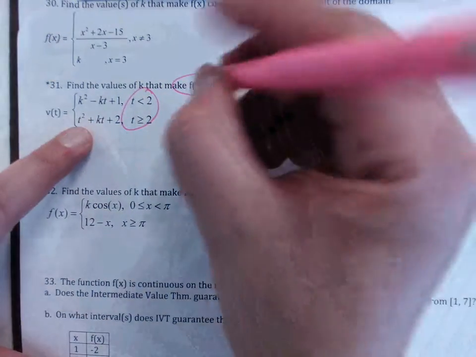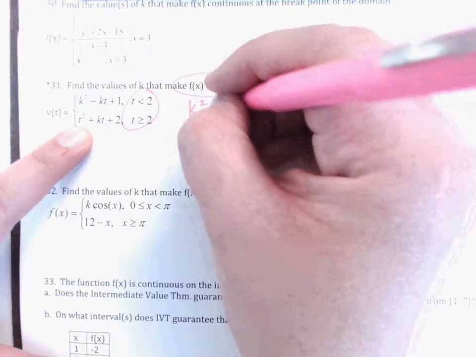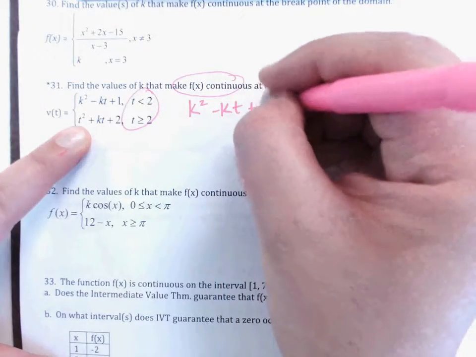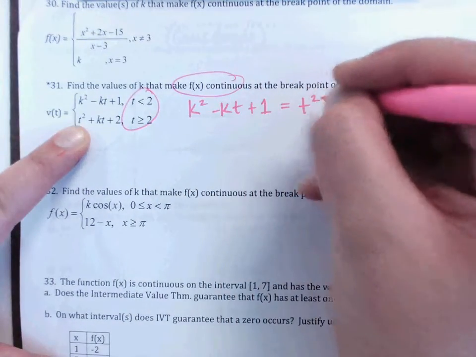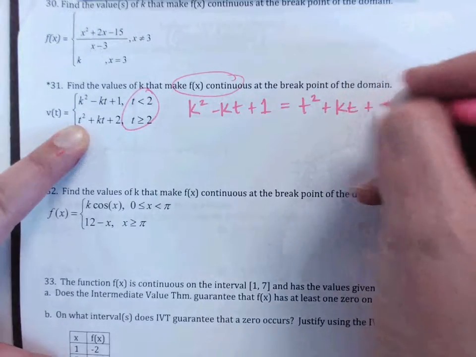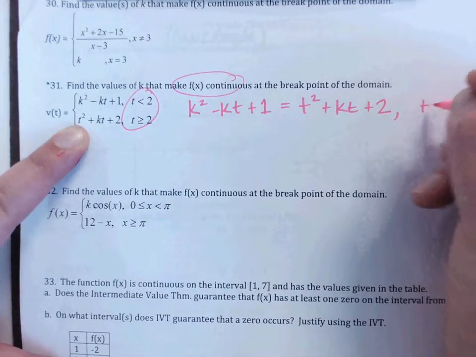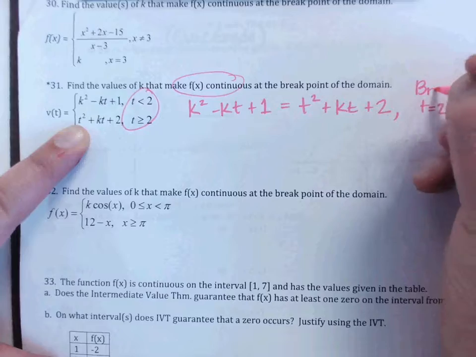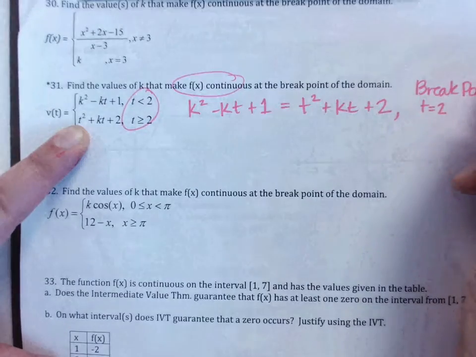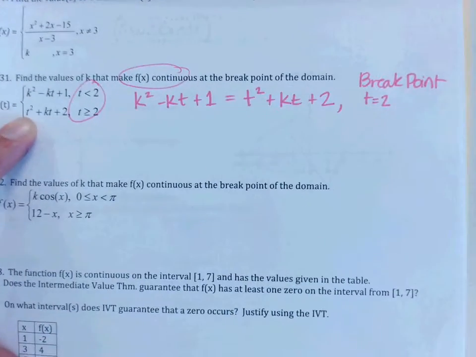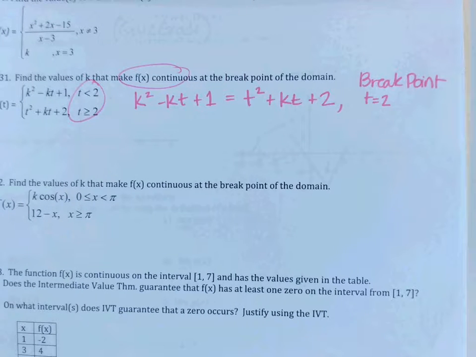So you would let k squared minus kt plus 1 equal t squared plus kt plus 2. Then plug in that t is 2, which is your breakpoint. Now remember, you're plugging 2 in for t, not for k. So give it a shot. I think there are 2 of these on your test tomorrow.